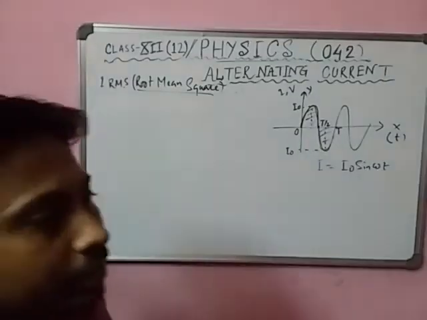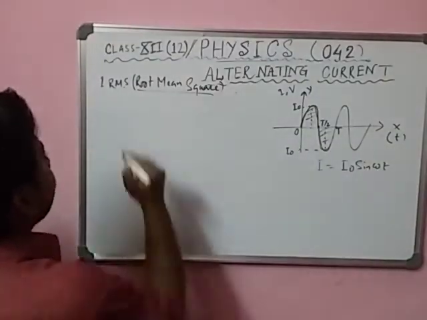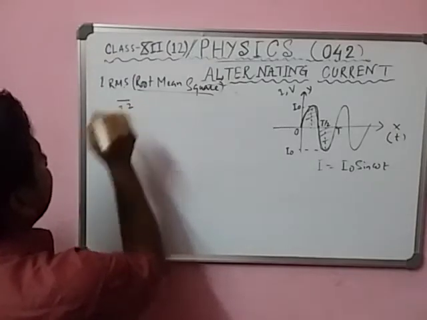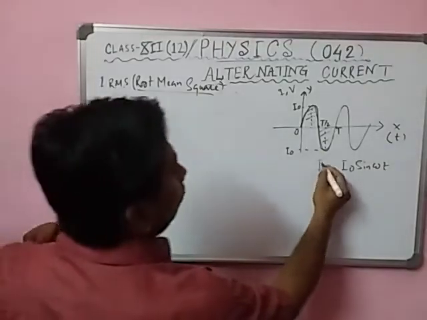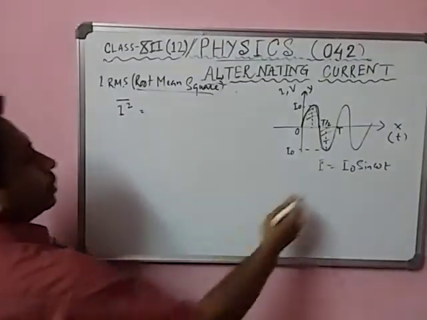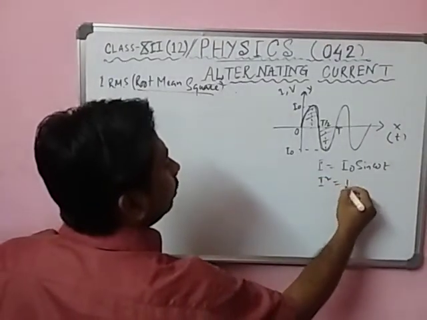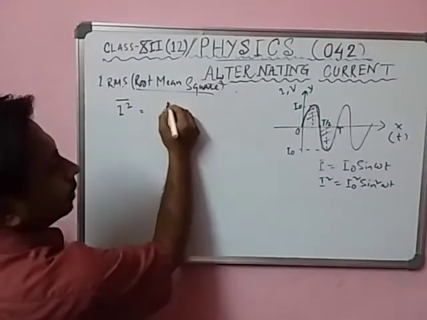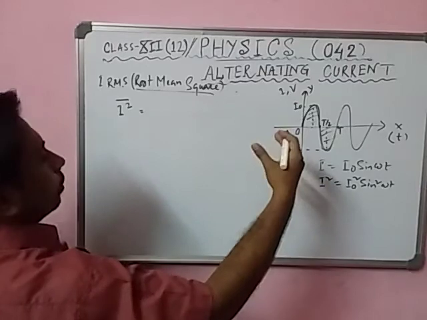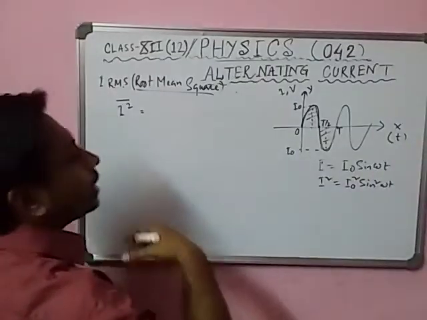So first of all, students, we are going to find the square mean, meaning I square mean. You know the value I equals I0 sin omega t. So squaring it, I square equals I0 square sin square omega t. And we are going to calculate I RMS, the mean square value over a full cycle.